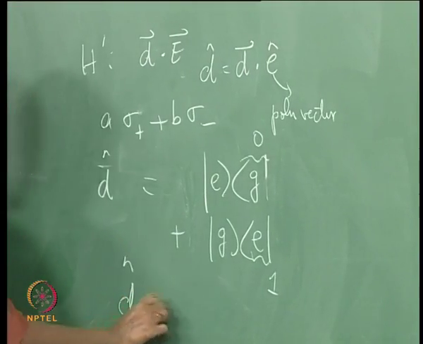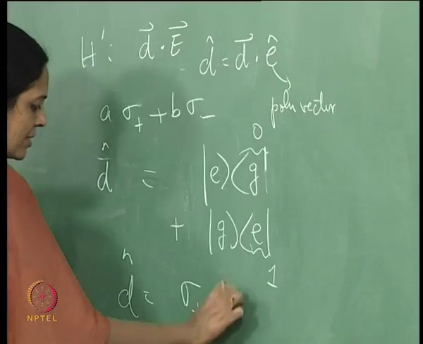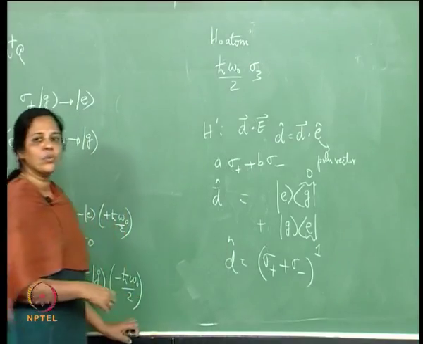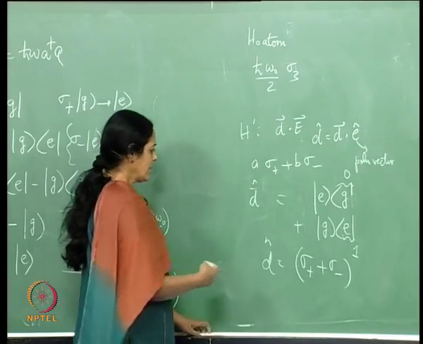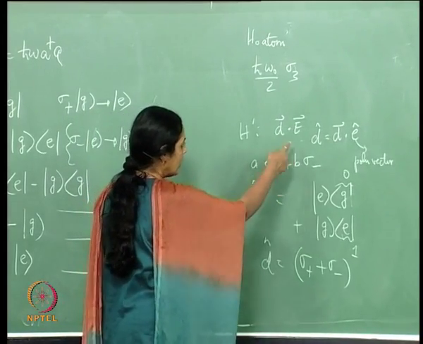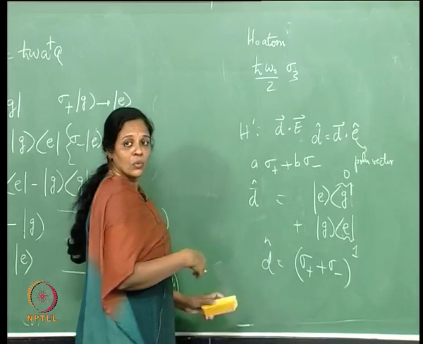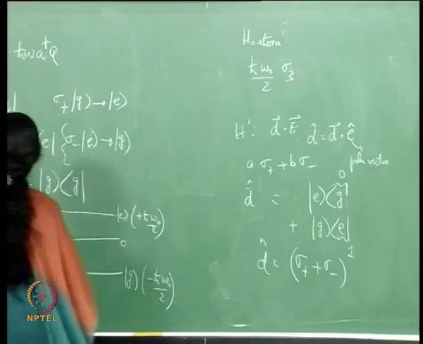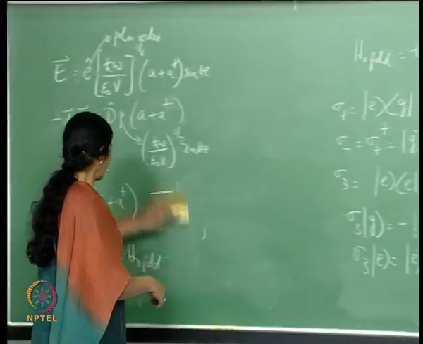So D is essentially sigma plus plus sigma minus, and then I need to worry about the interaction. So I need to do a D dot E, and the operator in E was A plus A dagger, and therefore the interaction Hamiltonian itself can be very trivially written now.